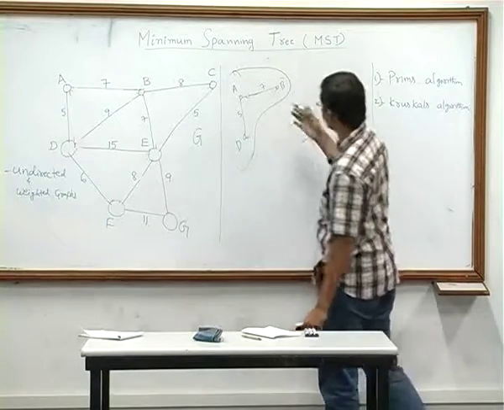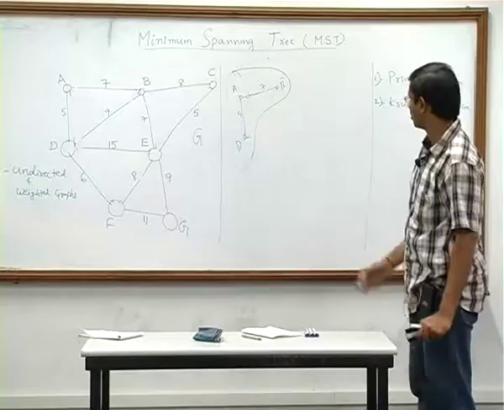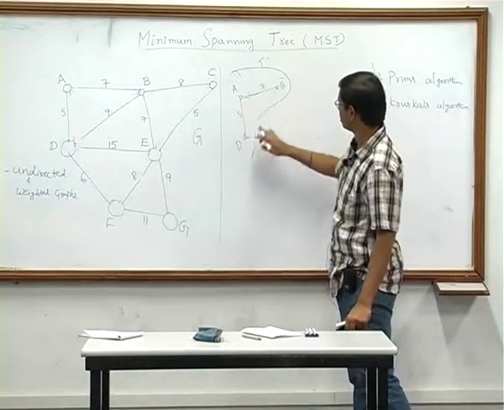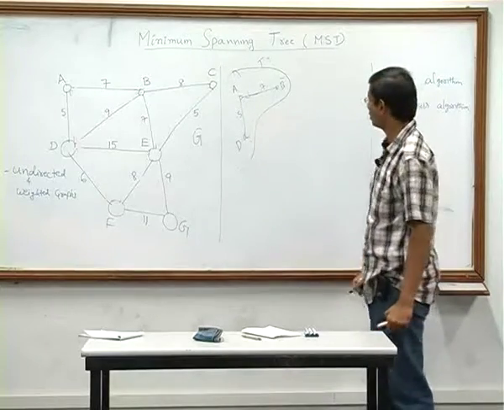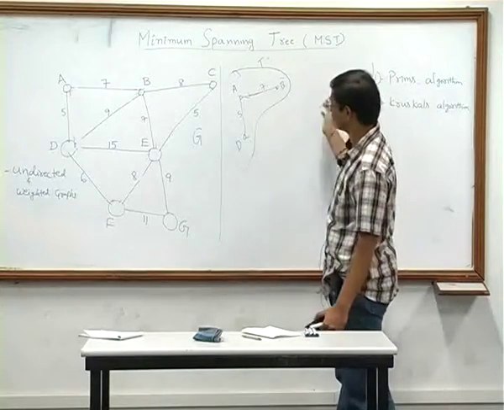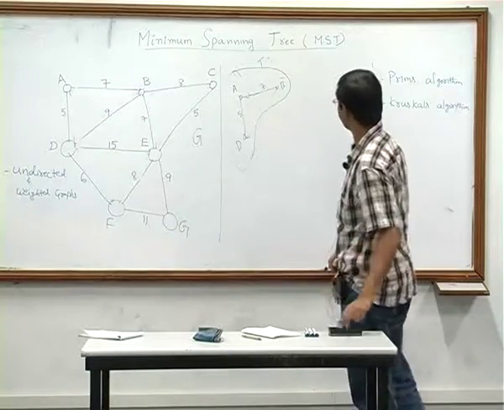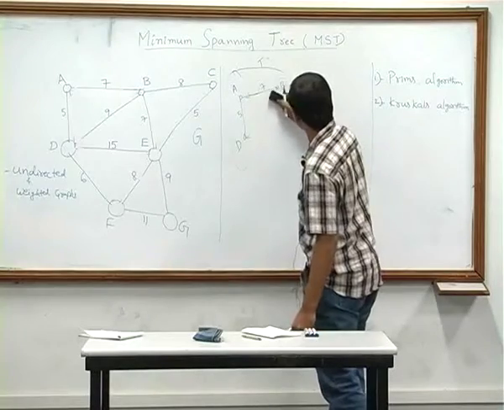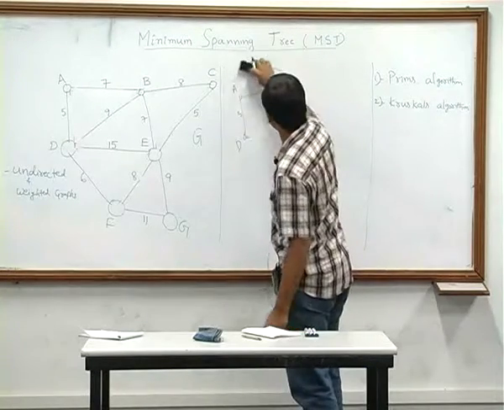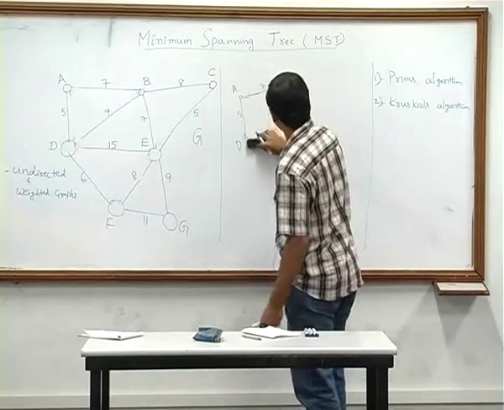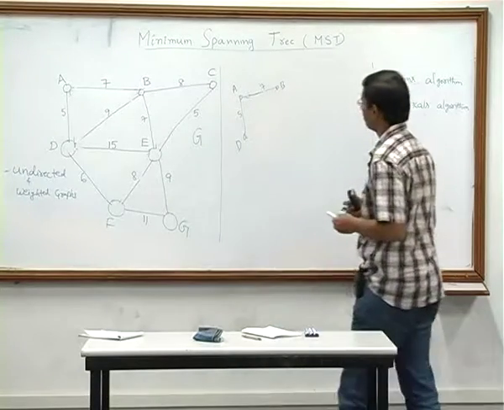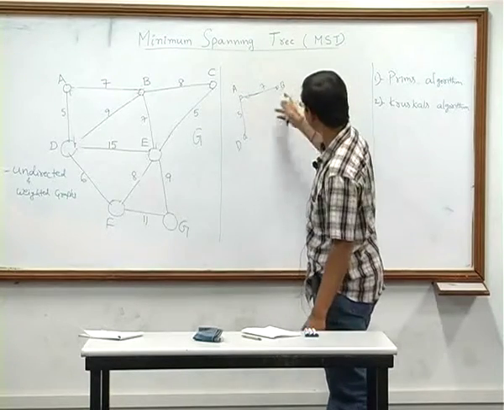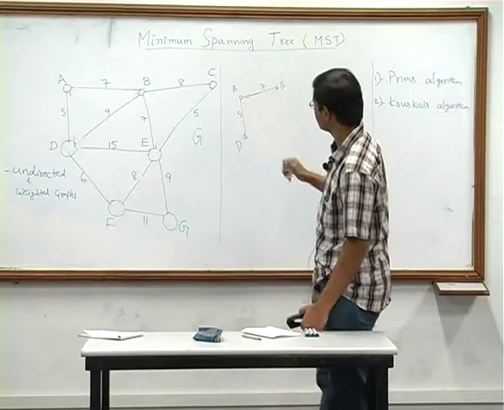Now our tree that is being formed contains the vertices A, B, D, and these are the edges selected. So now we try to expand one more step again. We want to select an edge which goes out of A, B or D and connects some other vertex which is not selected.